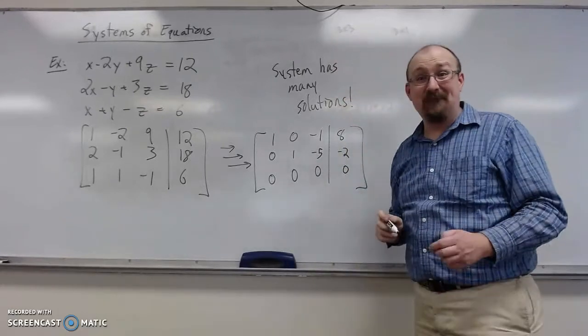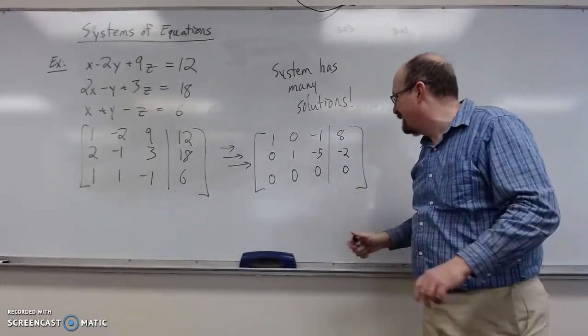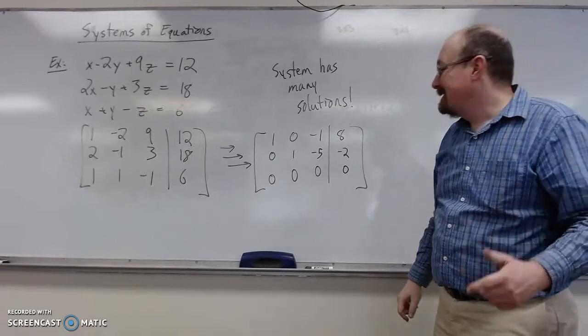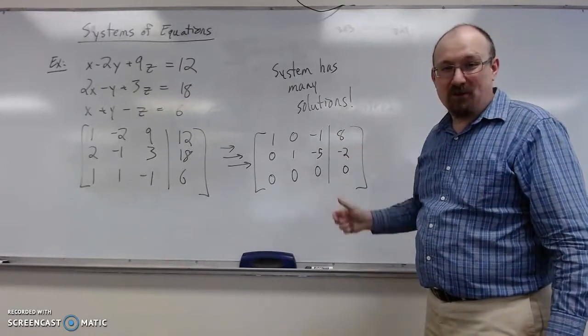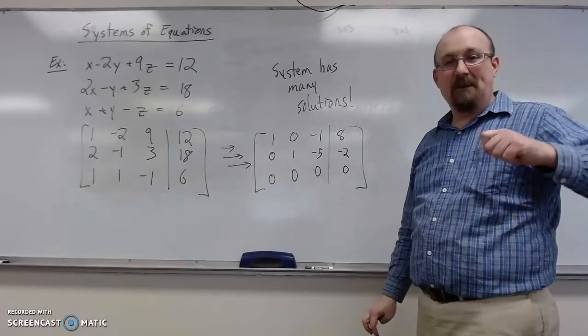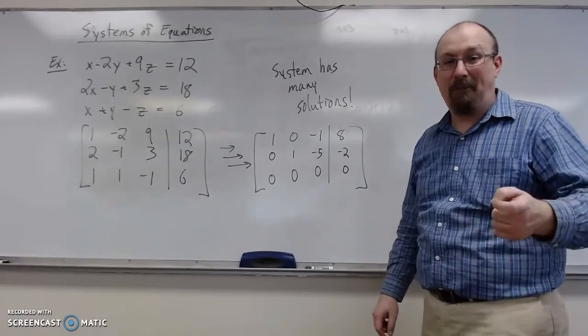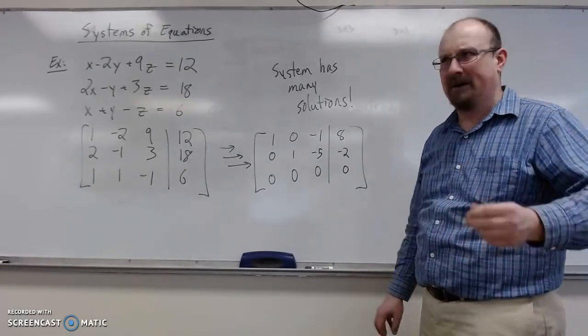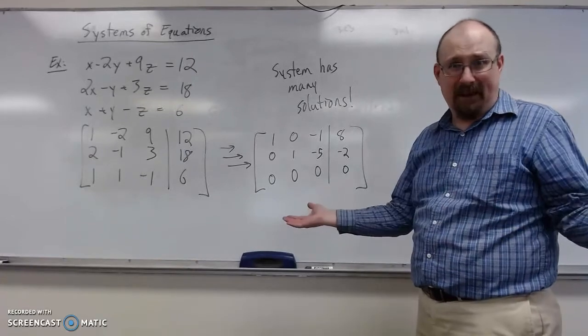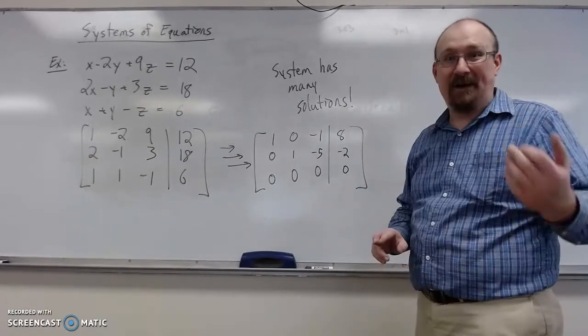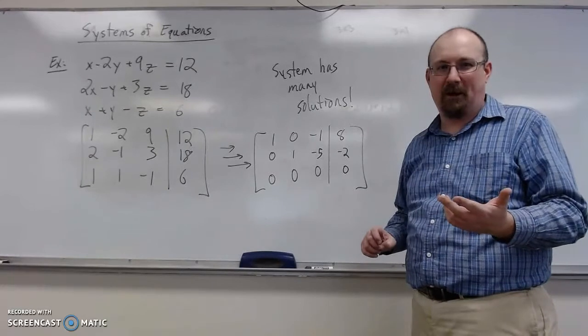It actually has an infinite number of solutions, as it turns out. In this case, based on the way these equations work out, if you rewrite it, you can pick a value for z, and at that point you have nailed down x and y, but z could technically be anything. So you actually have an infinite number of solutions in this case, and those are really your only options.